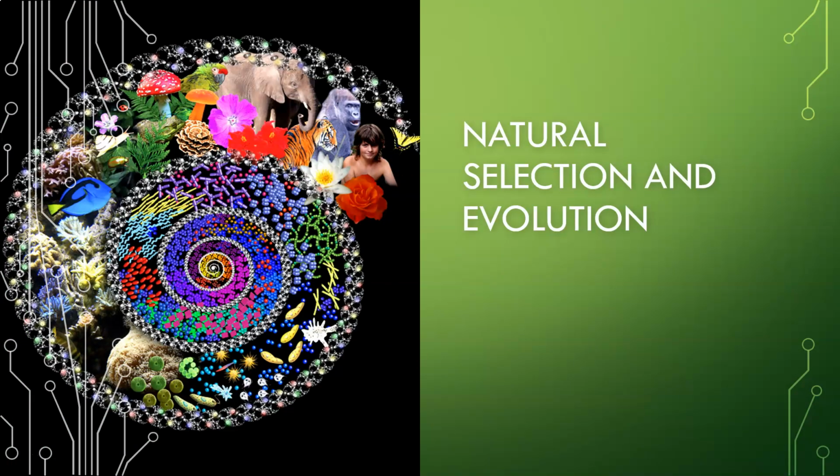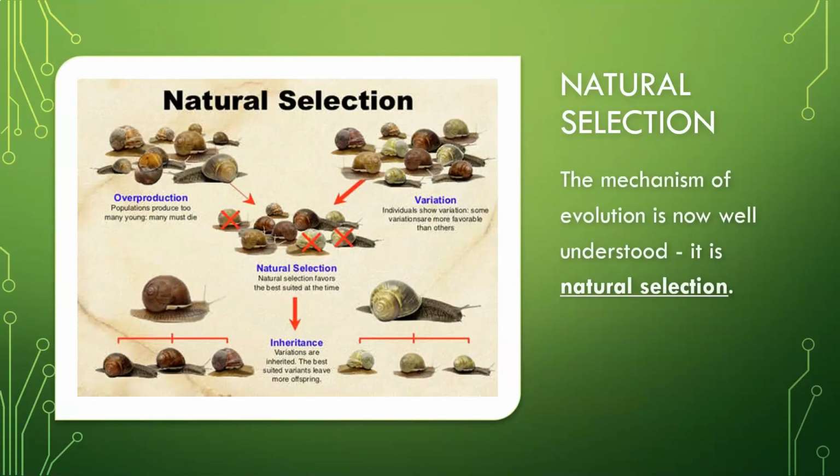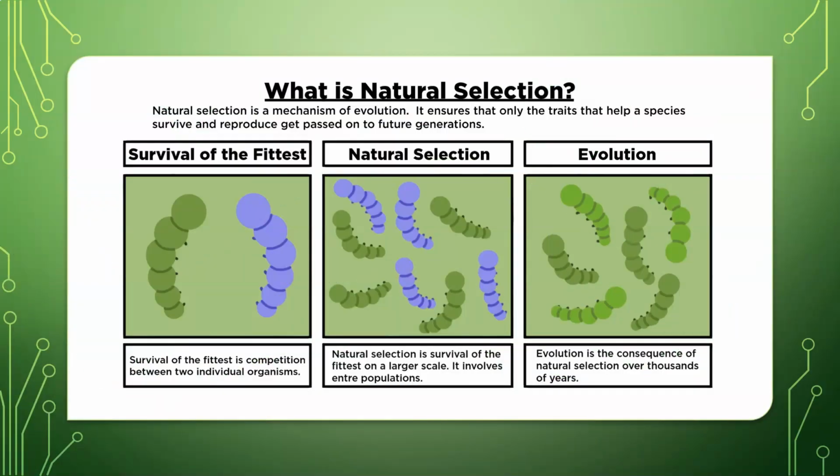Okay, so having a look at natural selection and evolution, I've already said that evolution is a much longer term process. So natural selection is the mechanism of evolution, which is now really well understood. Okay, so lots and lots of research has now gone into natural selection after Mendel's discoveries with his pea plants.